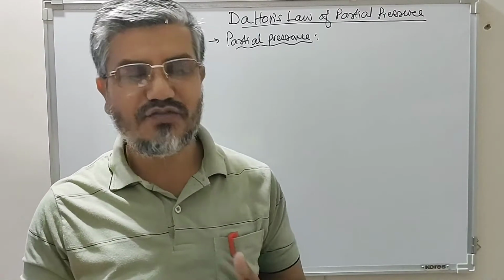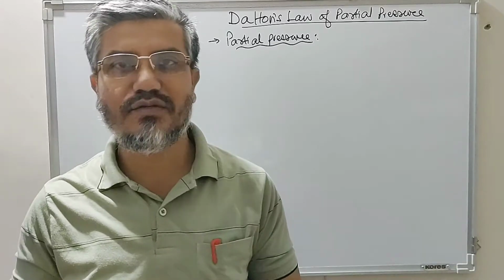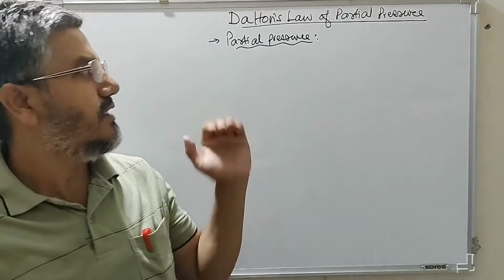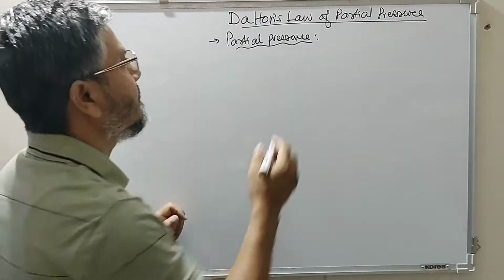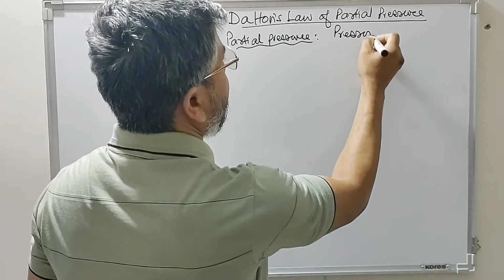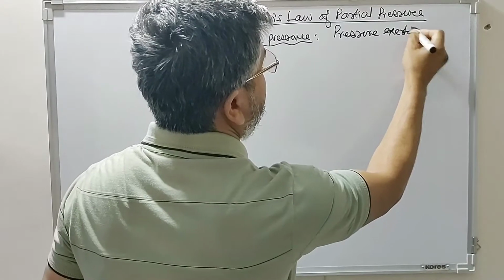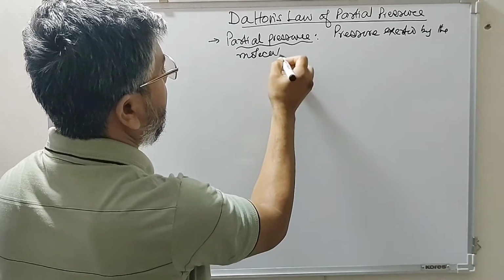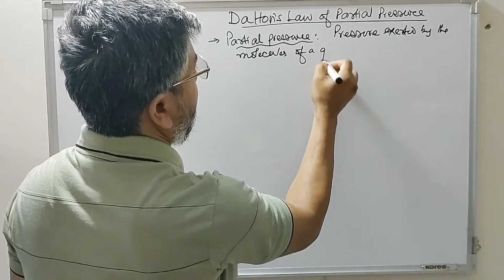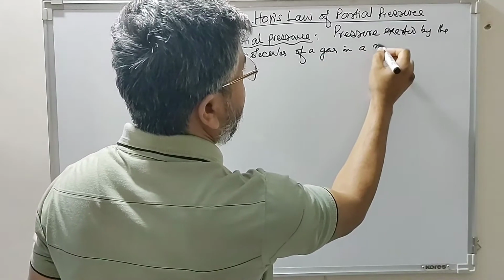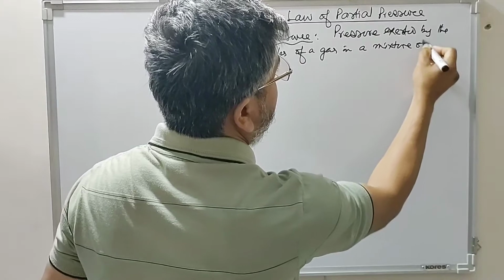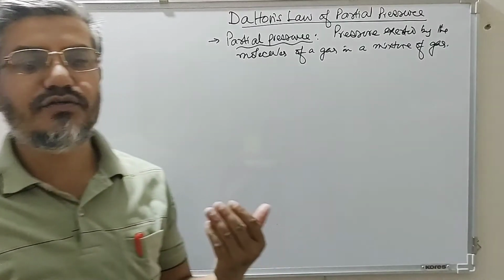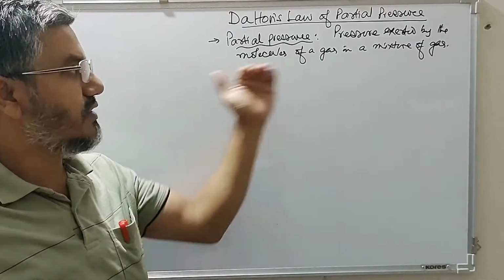So we define partial pressure as the pressure exerted by the molecules of a gas in a mixture of gases, that is, the individual contribution of a particular gas in a mixture of gas.